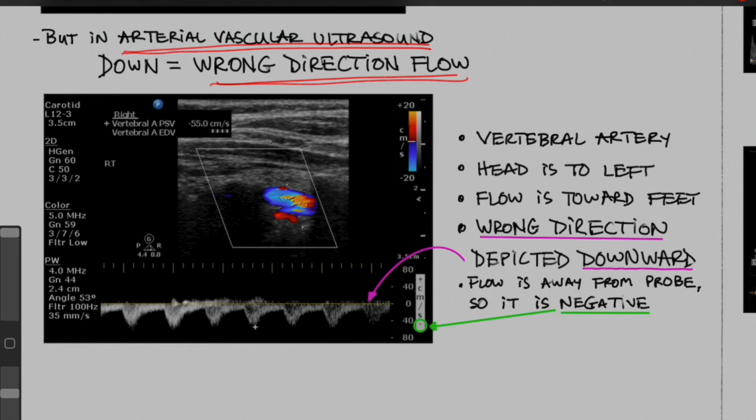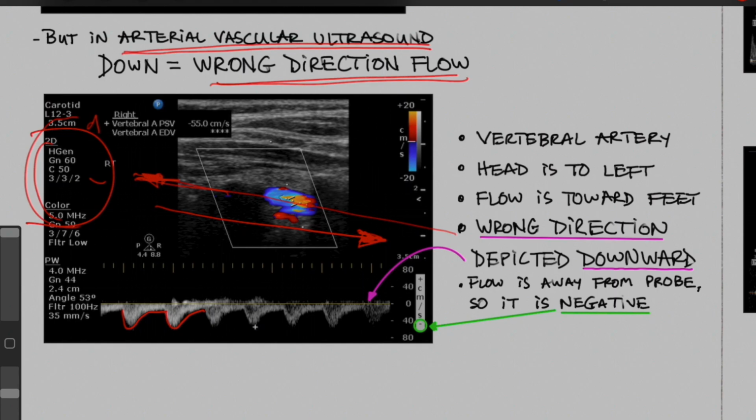So let's do this example. This is a vertebral artery, so the head is to the left over here. And this little artery, the flow is supposed to be going towards the guy's head. But actually, the flow is this way. So the sonographer knows this and flips the waveform and depicts it below baseline.